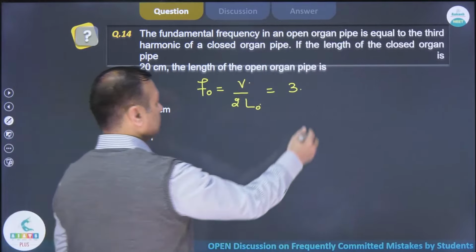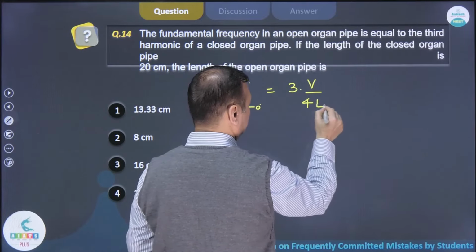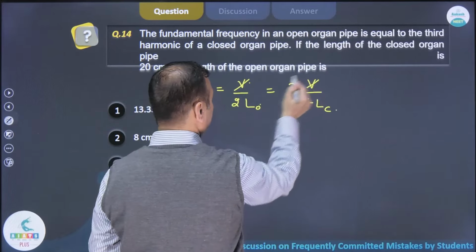The closed pipe's fundamental frequency is v by 4 times its length, so the third harmonic is 3v by 4L.